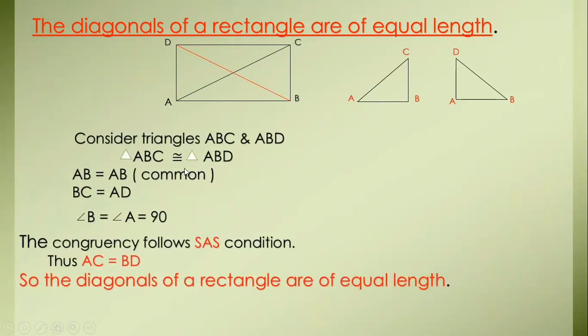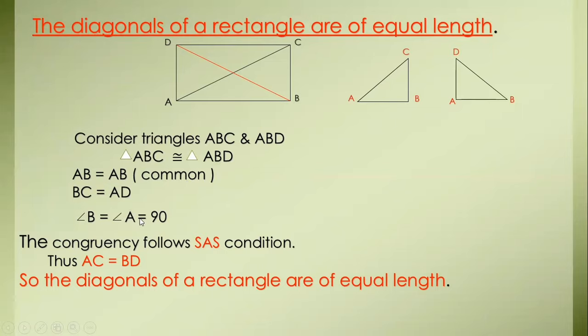We can use the SAS congruency condition. Consider triangles ABC and ABD. AB is equal to AB, the base side, it's a common side. Then BC is equal to AD. These two sides are equal. Then angle A is equal to angle B is equal to 90 degrees because each angle is a right angle. So two sides and the included angle are equal.